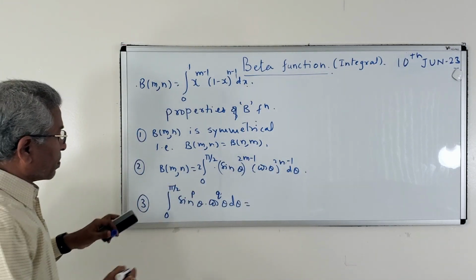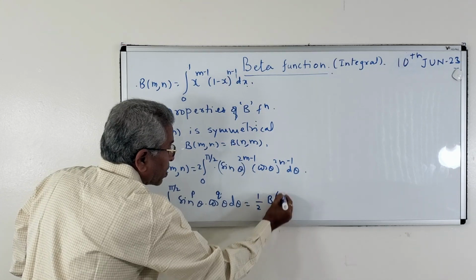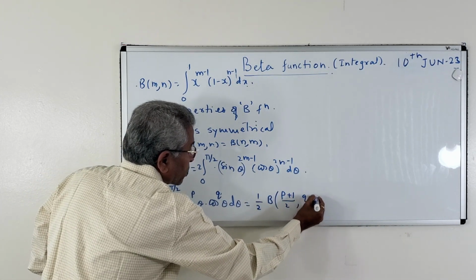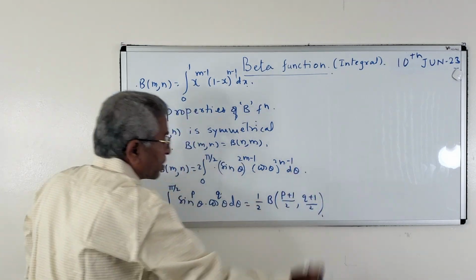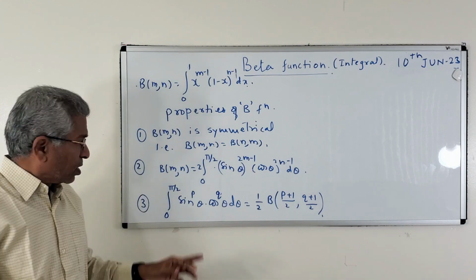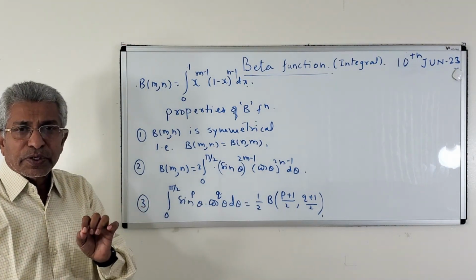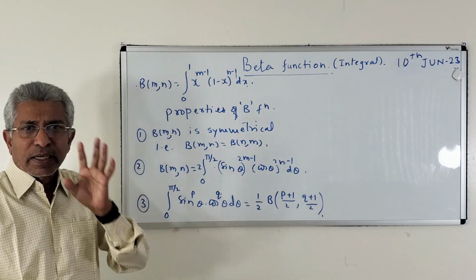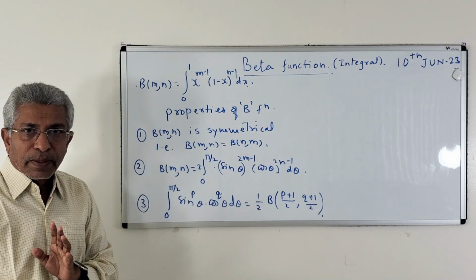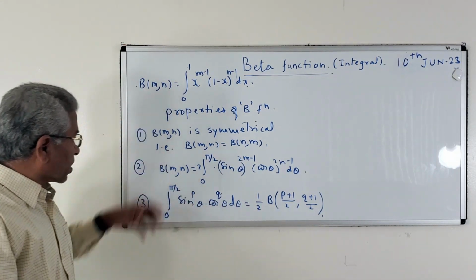Then it becomes 1 by 2 beta of (p plus 1) by 2 comma (q plus 1) by 2. So that is the property. Or you may say this is a formula, and we generally use this formula when p and q are fractional numbers or smaller integers 2, 3, 4, etc. So this is the useful formula in beta function.